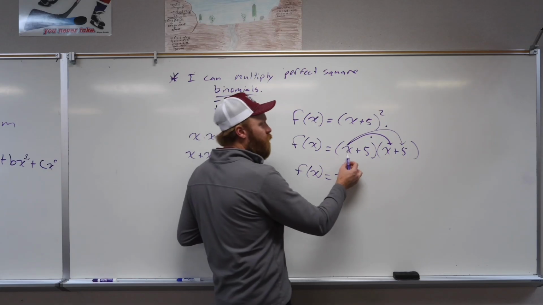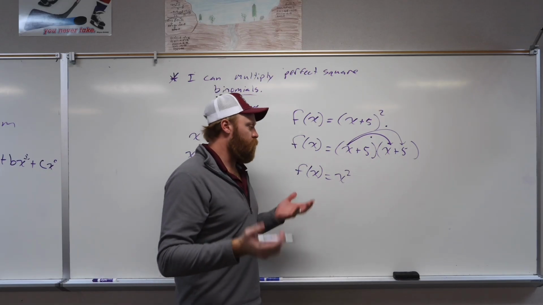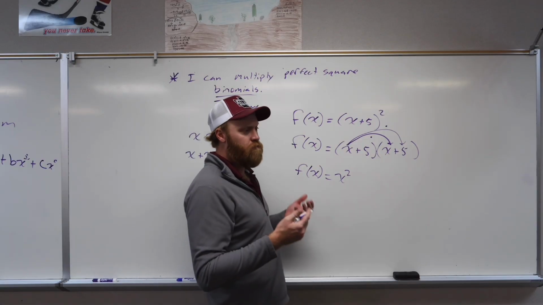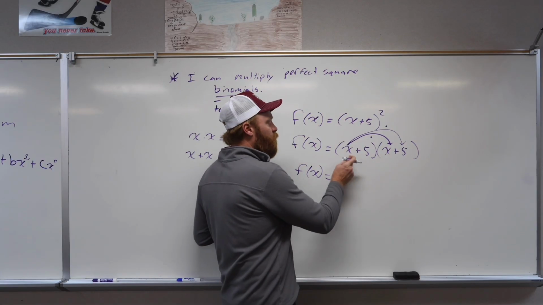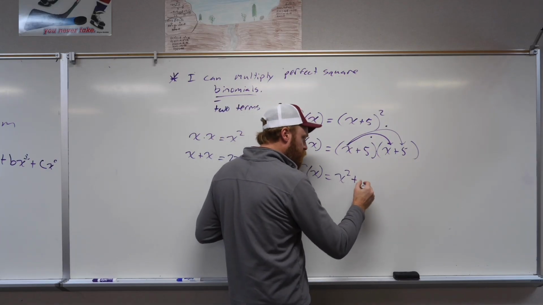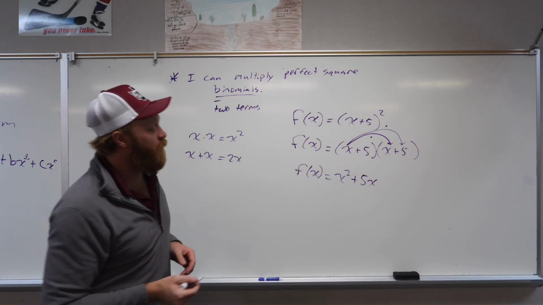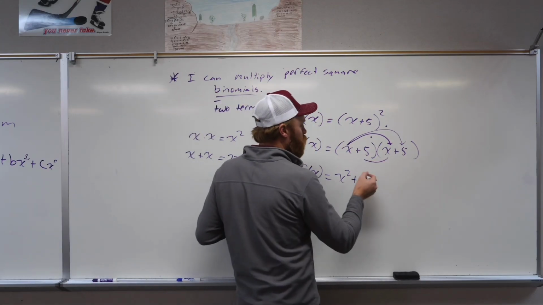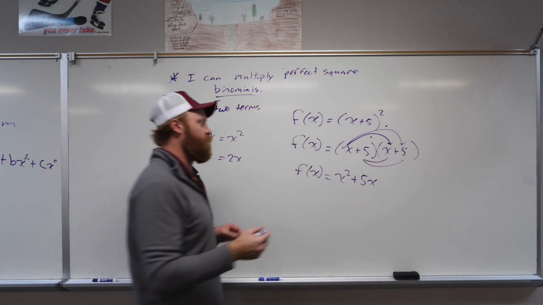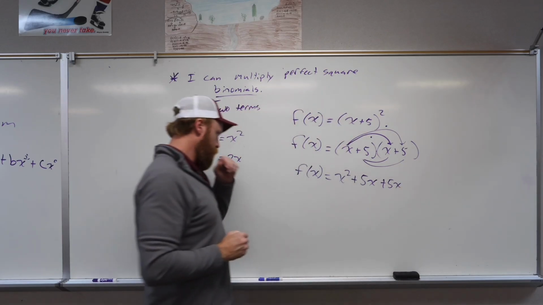All right, now we have x times 5. Well, we don't know what x is, so we can't simplify it any further than 5 times x. Notice we have a positive term and a positive term, so it's going to be a positive 5x. Then we move to the next term: 5 times x, and just like last time, we get a positive 5x.